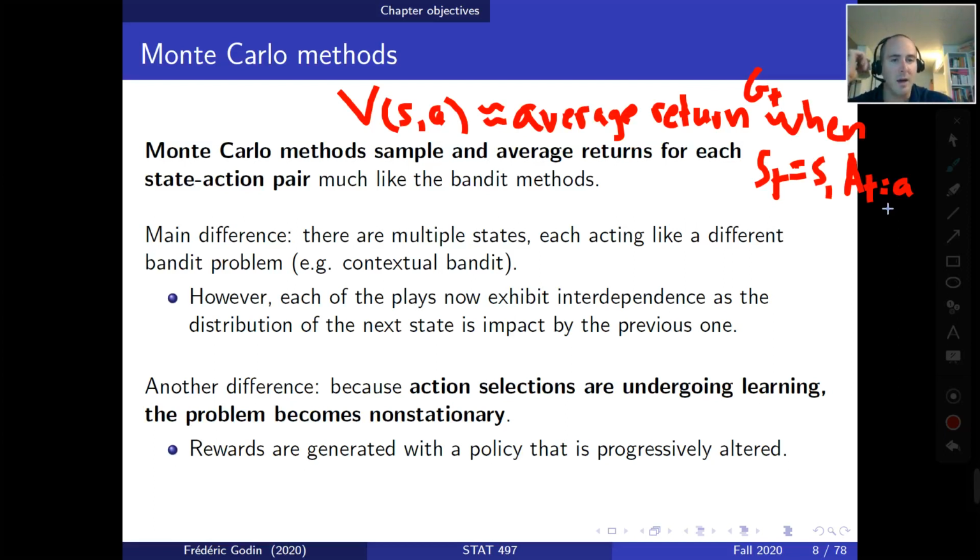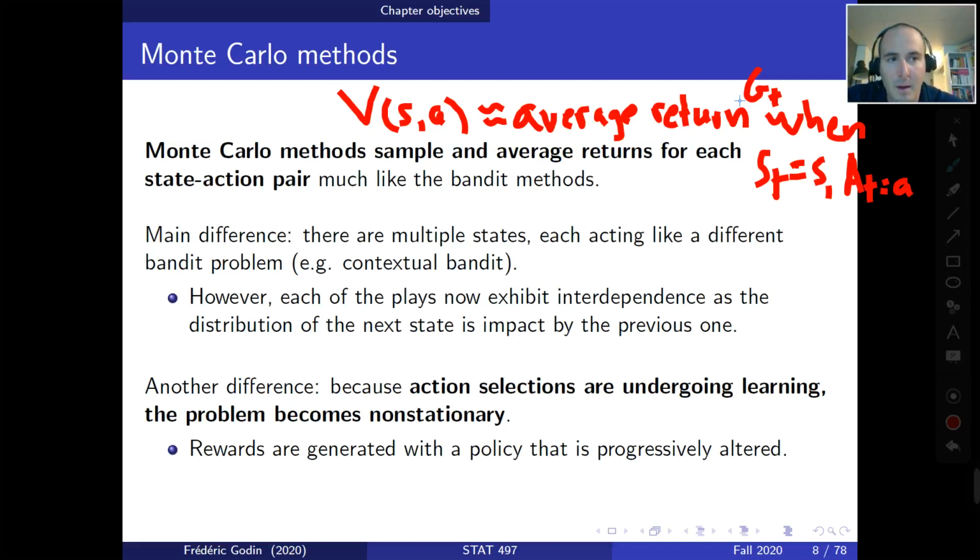You check all the stages and all the paths for which at some time t you're in the current state S, and you take the current action A, and then you can approximate the value function at that state action pair of the average of the return across all these stages and paths.